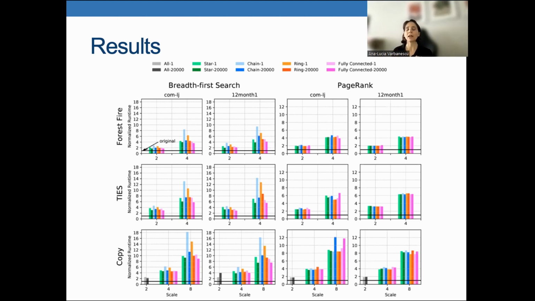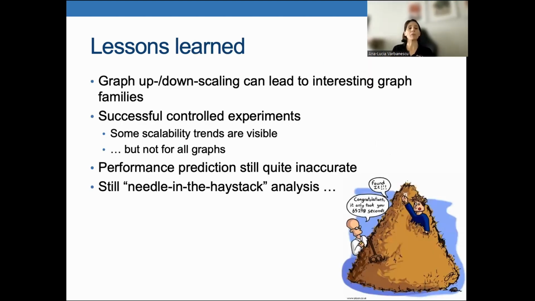We have done more work in this direction. If you're curious, we can discuss this towards the very end. But the bottom line is, I think this is a promising direction for doing more analysis on the features that impact performance.